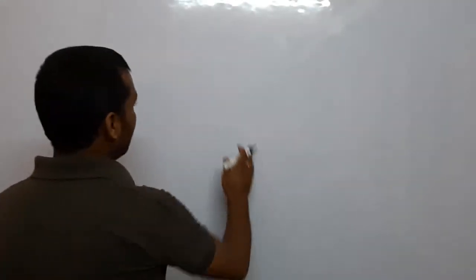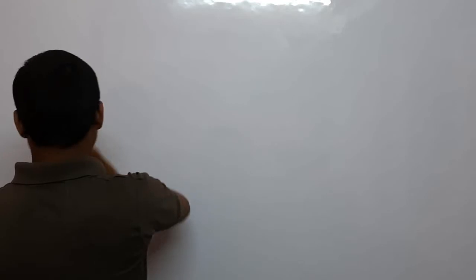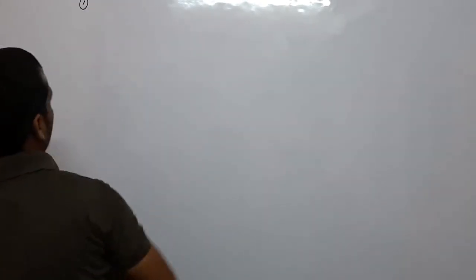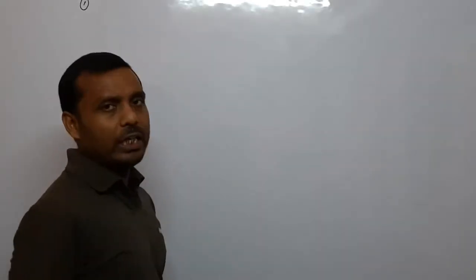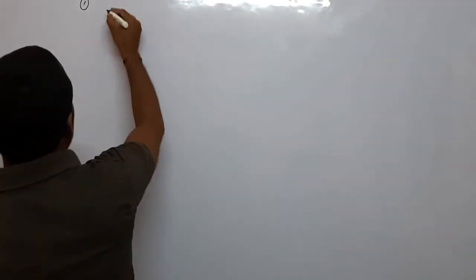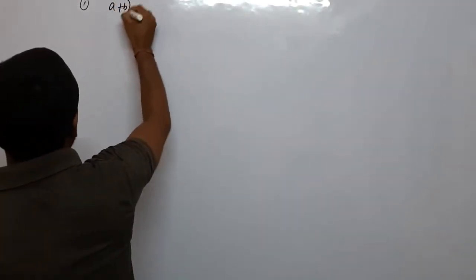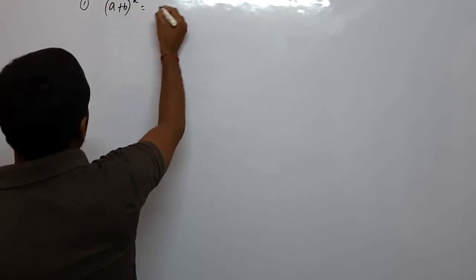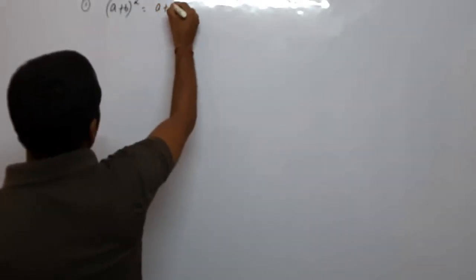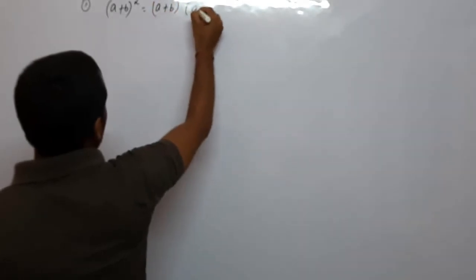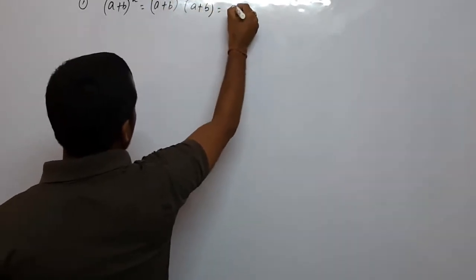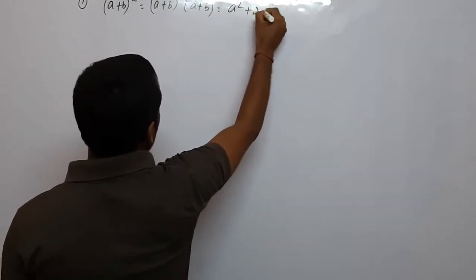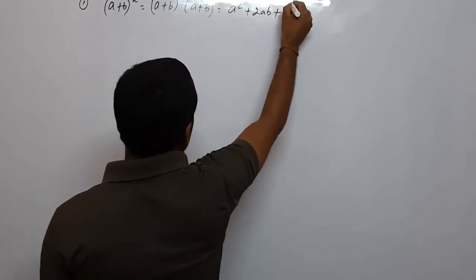Today we will see some of the formulas related to factorization. The first one, which is very popularly and widely used, is a plus b to the whole square. It is represented as a plus b into a plus b, which is written as a square plus 2ab plus b square.